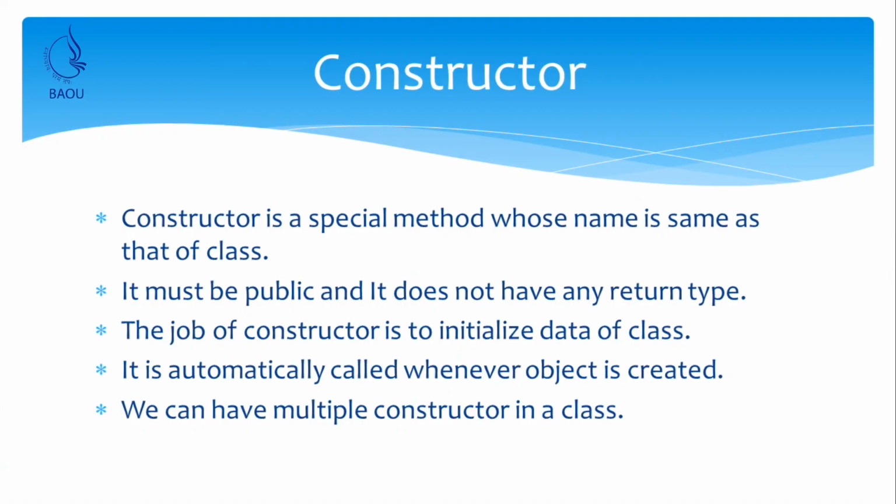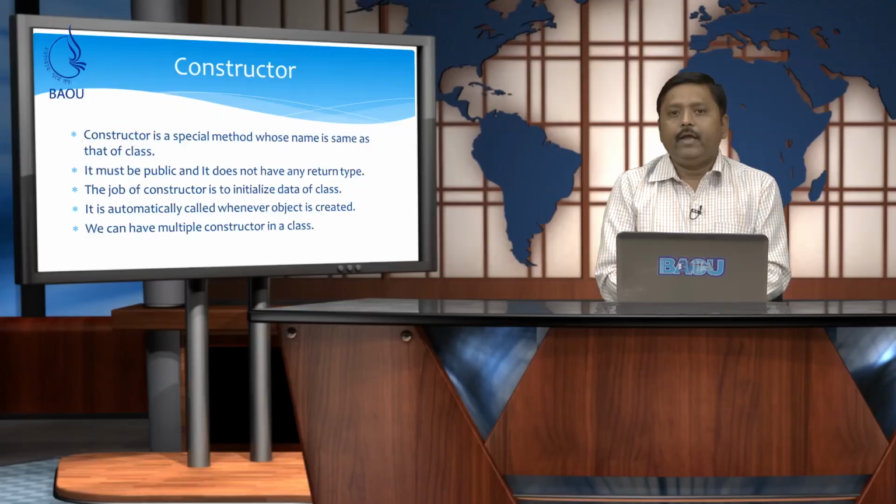Now, we discuss constructor. Constructors are special methods whose name is the same as that of the class. An ordinary method has a name other than the class name, but this is a special method which has the same name as the class. Another thing you have to remember is it must be public and it does not have any return type including void.